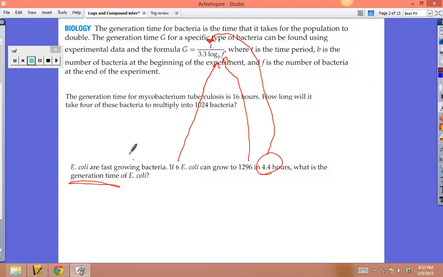So now they need the generation time. So the generation time is what we're after. So generation time is going to be 4.4 divided by 3.3 times the log in base 6 of 1296. So this you can just type in a calculator and simplify it.